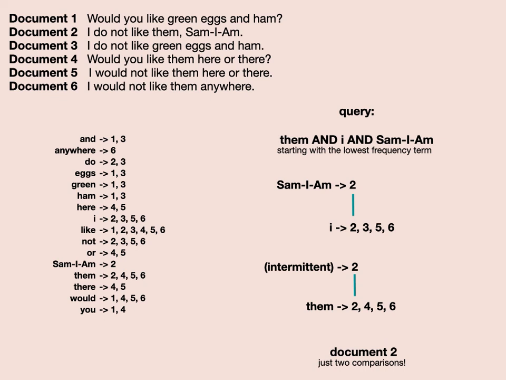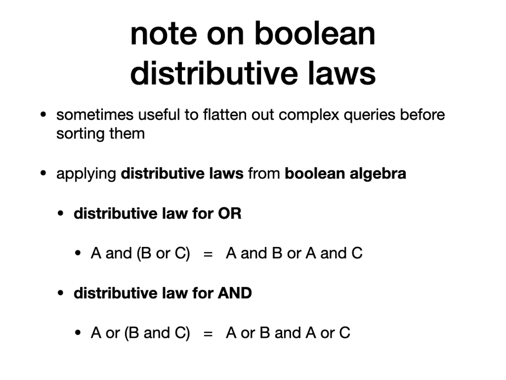So, to make good use of this, just a note, keep in the back of your mind, Boolean distributive laws. Those exist just like algebra has distributive laws, right? You can flatten out complex queries before you start sorting them. You can only sort within the same kinds of operations, because you don't want to end up screwing something up where you meant to AND something where it was supposed to be ORed or whatever.